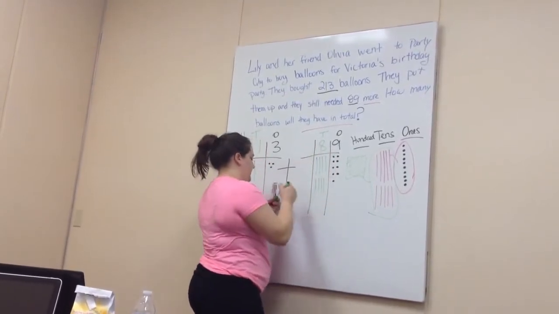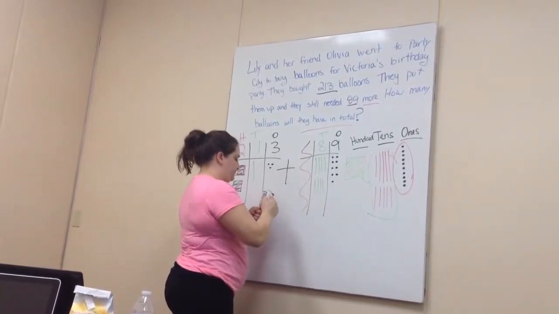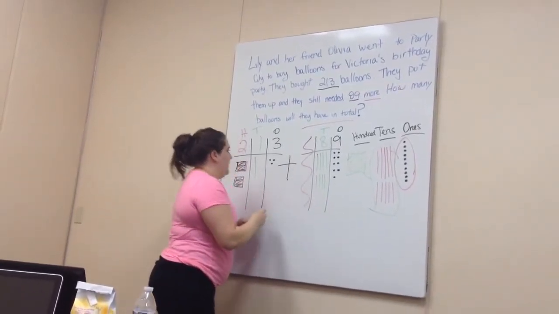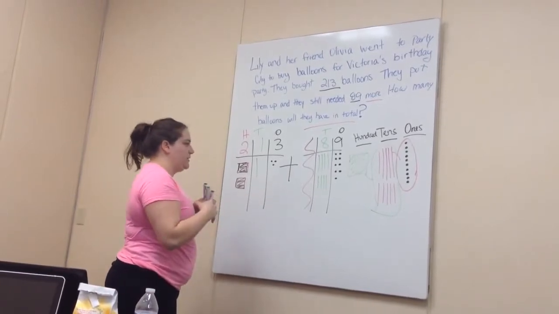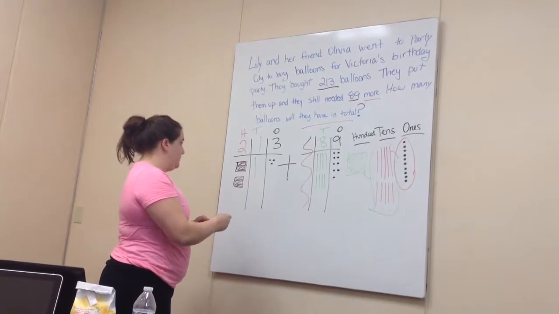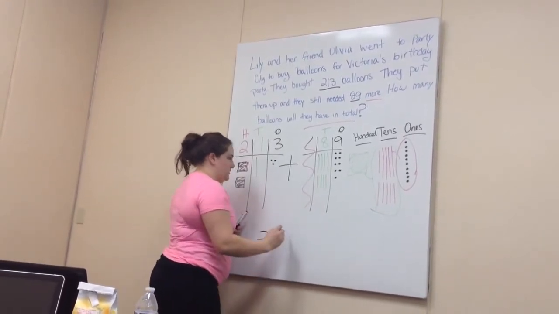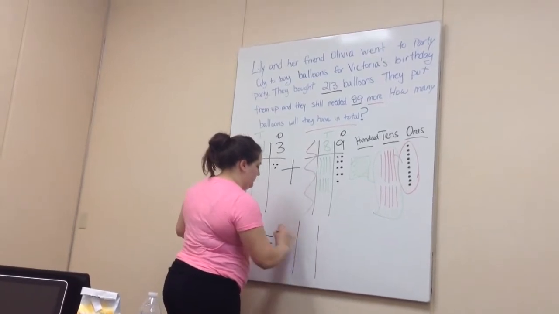And we don't have anything in the hundreds, so we're just going to leave that blank. So now what we're going to do is we're going to add them all together. We're going to do it down here. So this is going to be the total.